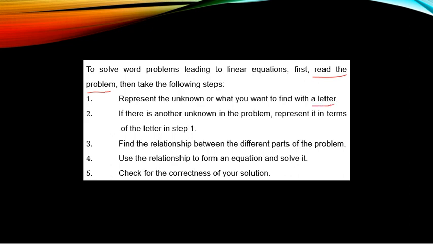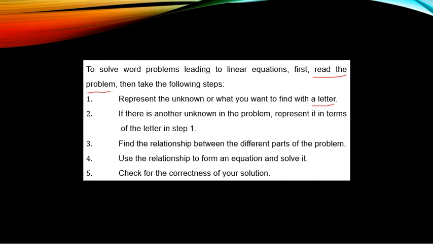Step 2, if there is another unknown in the problem, represent it in terms of the letter in step 1. Linear equations are the group of equations with one unknown variable. That is why if you have two unknown variables and you represent the first with a letter, you represent the second in terms of the first one.